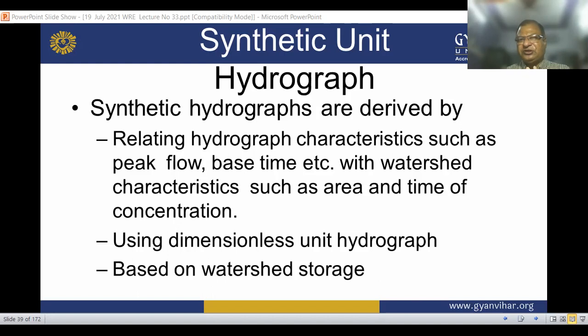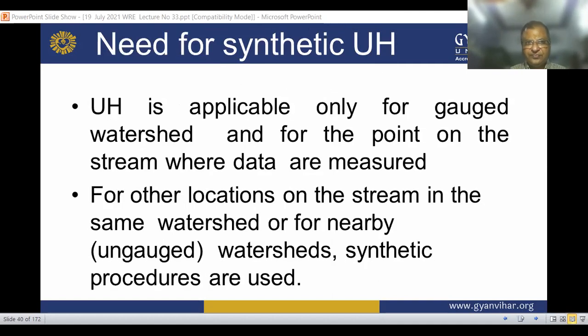It is derived by relating hydrograph characteristics such as the peak flow and base time to watershed characteristics such as area and time of concentration, using dimensionless unit hydrograph and based on watershed storage. A unit hydrograph is applicable only for a gauged watershed and for the point on the stream where data are measured.